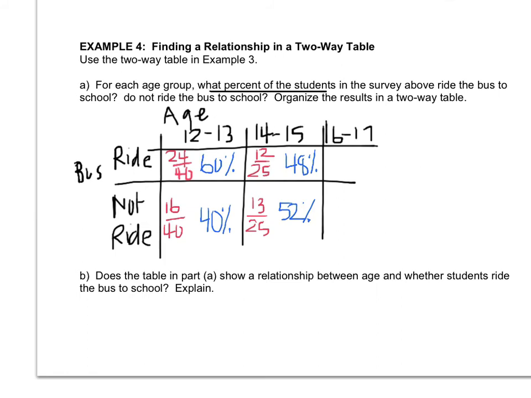And then the last one, there are 35 people here, 16 to 17. 14 of them ride the bus, which is 40%. And out of those 35 people, that means that 21 do not, which is 60%.